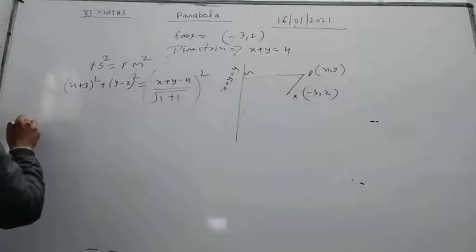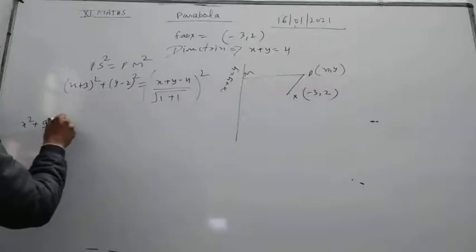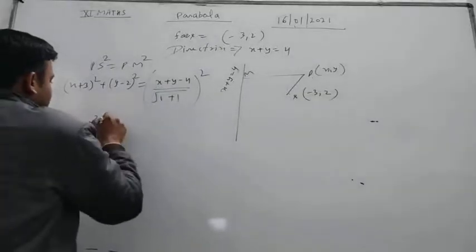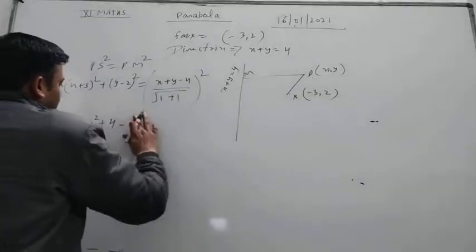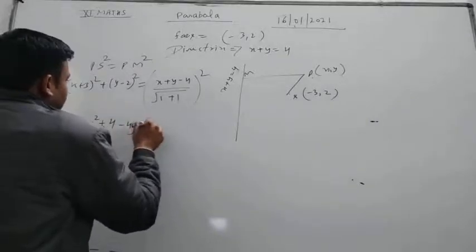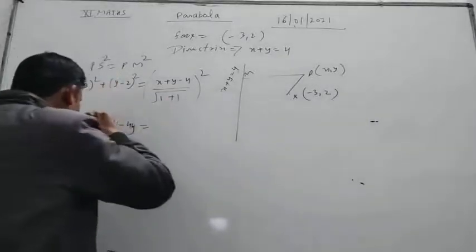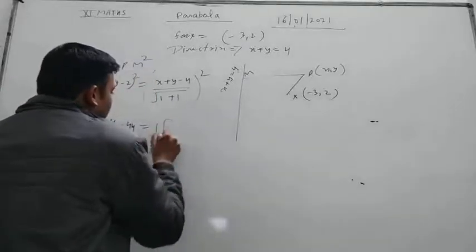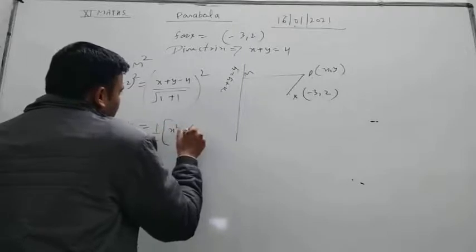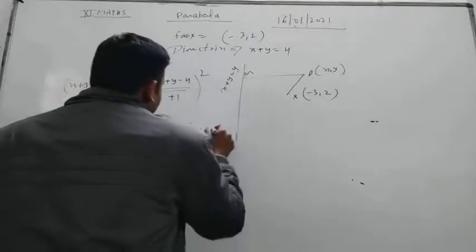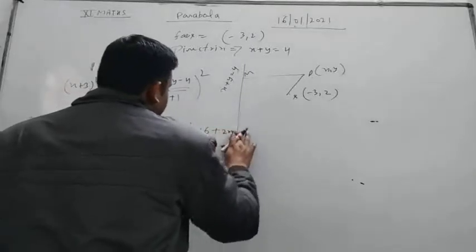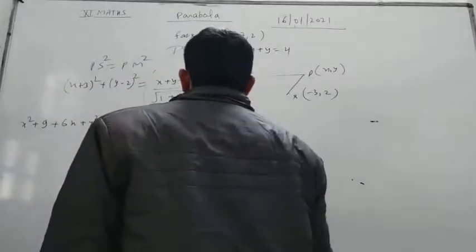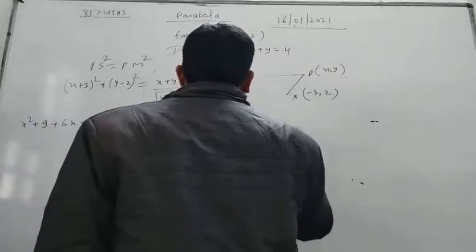We get x square plus 9 plus 6x plus y square plus 4 minus 4y, and this is equal to a plus b plus c whole square over root 2 whole square, so it will be 2, and here x square plus y square plus 16 plus 2xy minus 8y minus 8x.